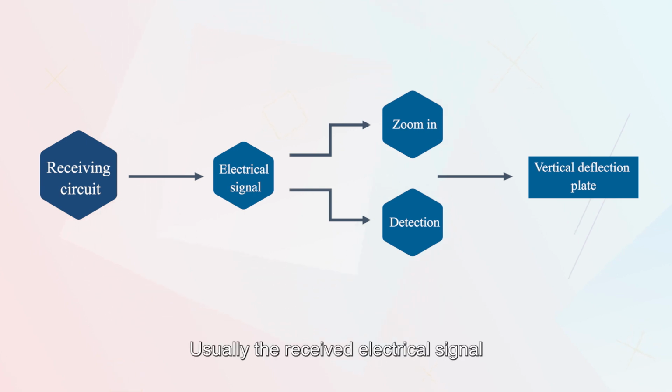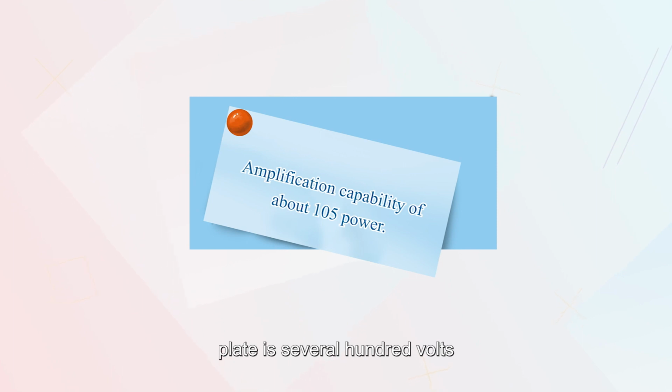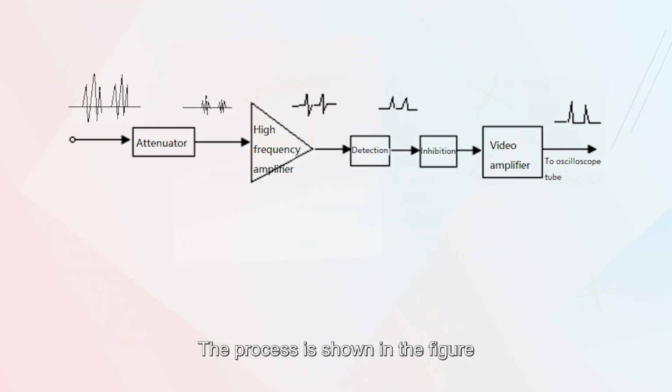Usually, the received electrical signal is only hundreds of microvolts to several volts, and the required voltage of the vertical deflection plate is several hundred volts, so the receiving circuit must have an amplification capability of more than 10 million times. The process is shown in the figure.